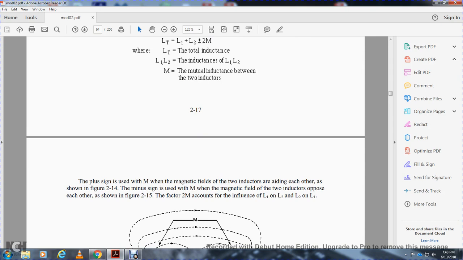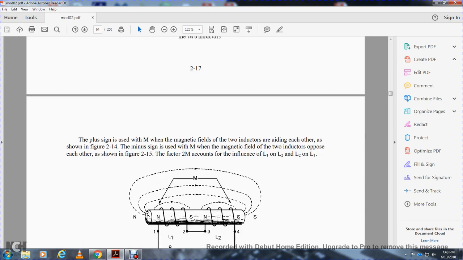Use the minus sign when the magnetic fields oppose each other, as shown in Figure 2-15. The factor 2M accounts for the influence of inductor 1 on 2 and inductor 2 on 1.